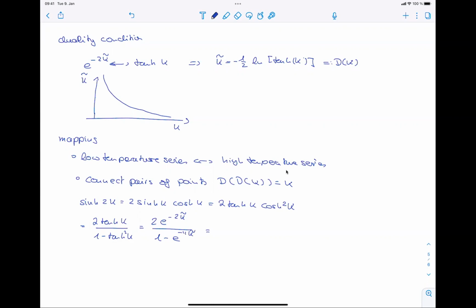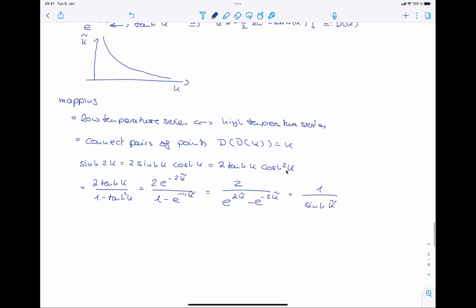And that I can now rewrite by pulling out the upper one. Then I get e^(2k̃) minus e^(-2k̃), which we can put back into a hyperbolic sine to see that this is sinh k̃.